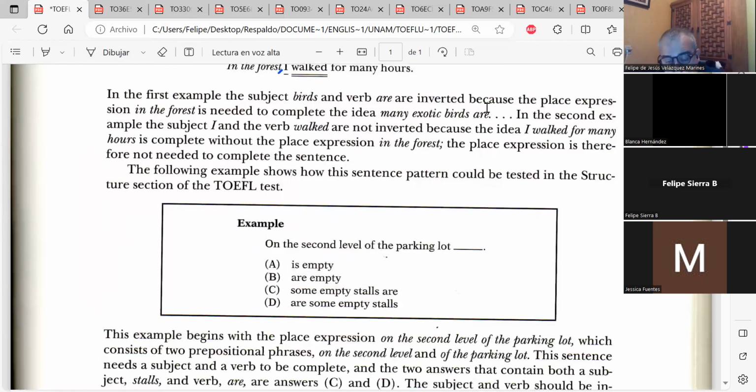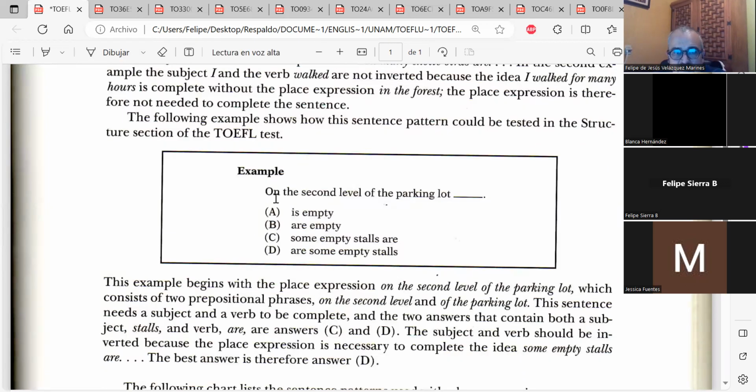Okay, let's continue. On the second level of the parking lot, Jessica, how would you complete this sentence? "On the second level of the parking lot is empty?" Yeah, but remember that you would need a subject, and empty is not a subject. This is place, verb, subject.